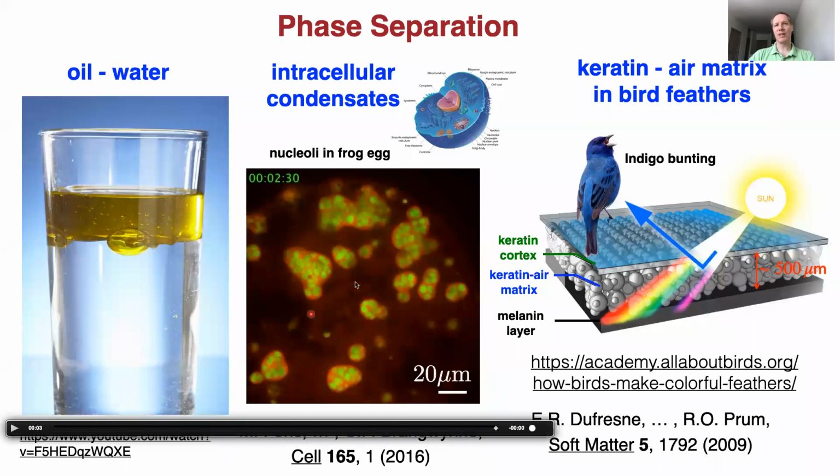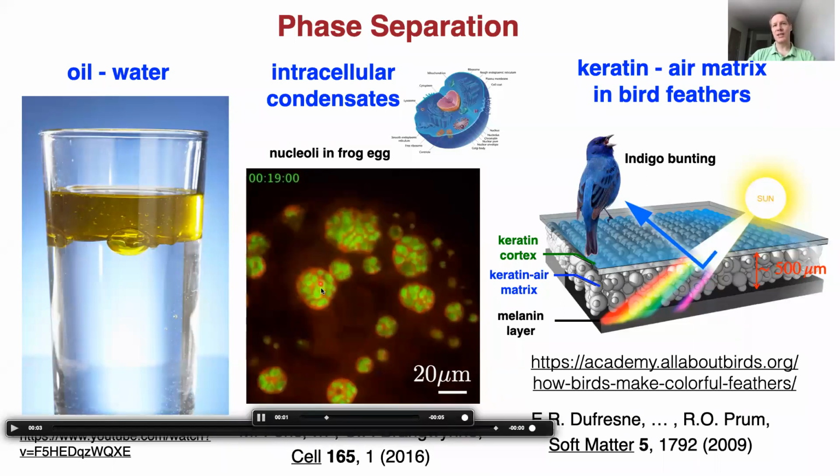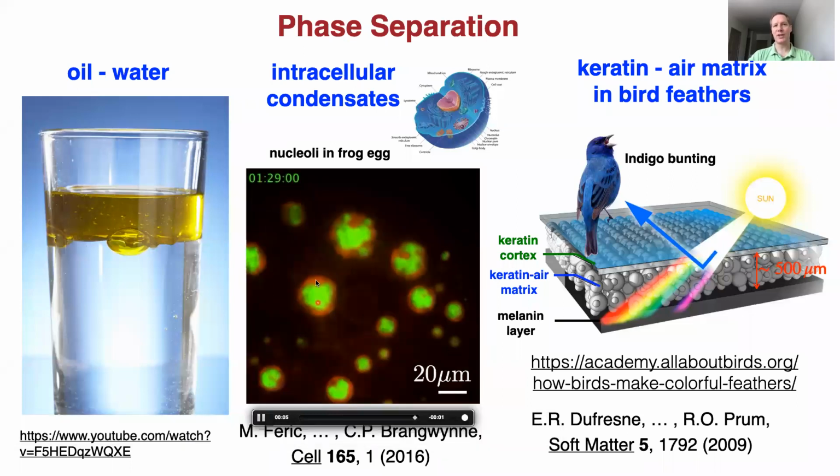Here I'm going to show you a movie where different types of molecules are labeled with green and red. These are the condensates that are happening inside the nucleus of the frog egg, and they form these blobs called nucleoli. If you look at this movie, this looks just like fluid phases that are coalescing with each other. This looks just like oil droplets.